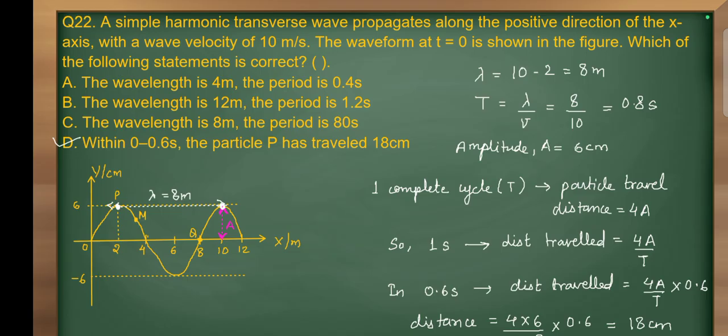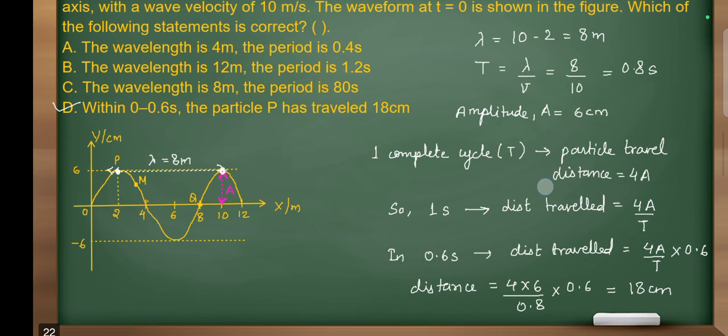Amplitude of the object is given as 6 centimeter, which is the maximum displacement of the object from the equilibrium position. In one complete cycle, the distance covered by a particle is 4 times the amplitude. So in 1 second, the distance covered by a particle will be 4A divided by T. So in 0.6 second, the particle will cover a distance of 4A divided by T into 0.6.